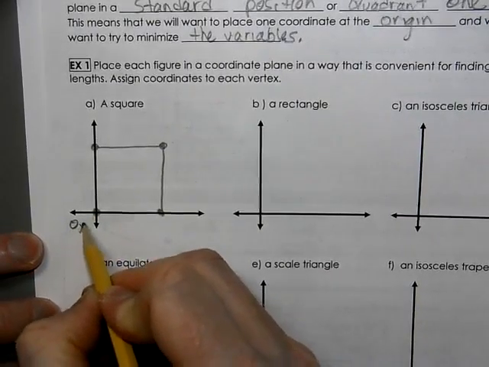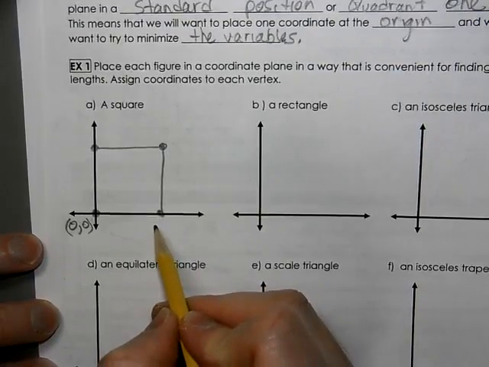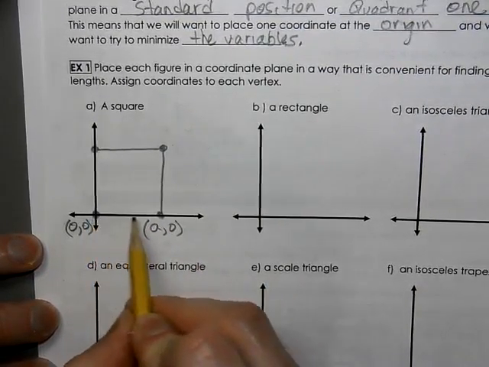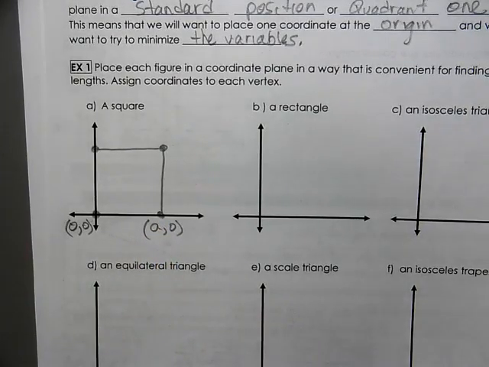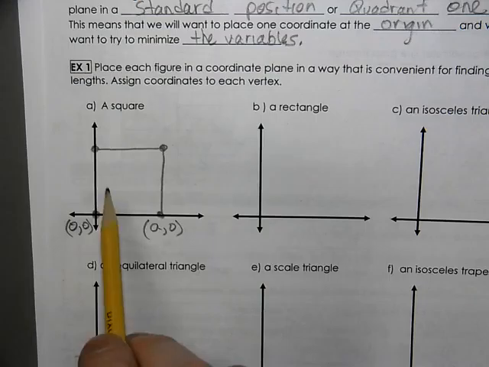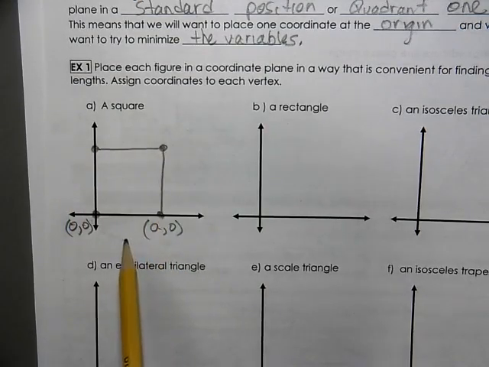So of course the origin is going to be 0, 0. We're going to use an A to represent the distance it takes from the origin off to the side for the x-axis. Typically the x-axis will always have an A value there. Now, because it's a square, we know that the distance of each side has to be the same.